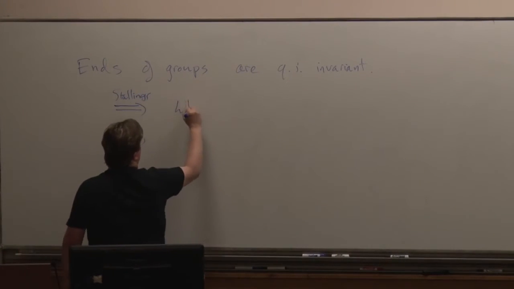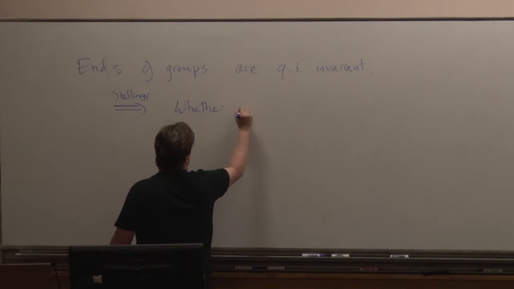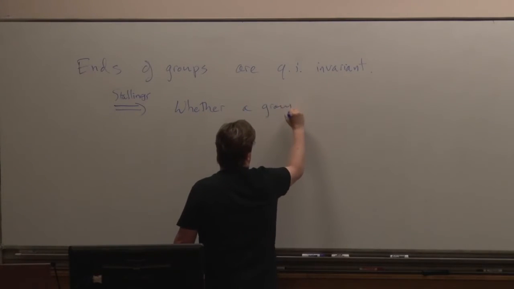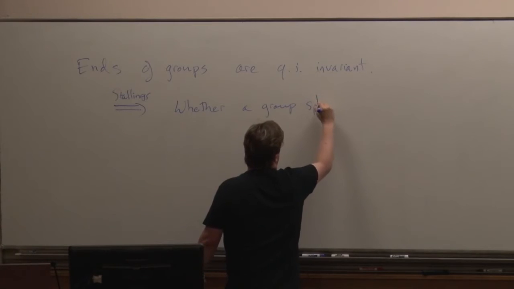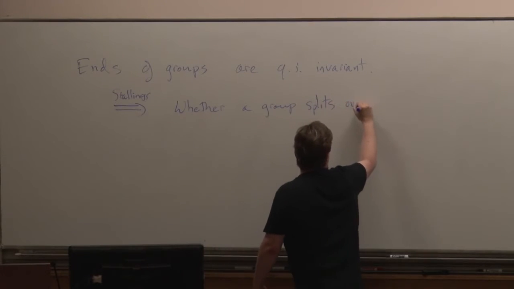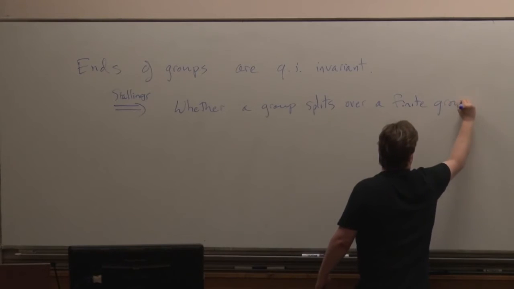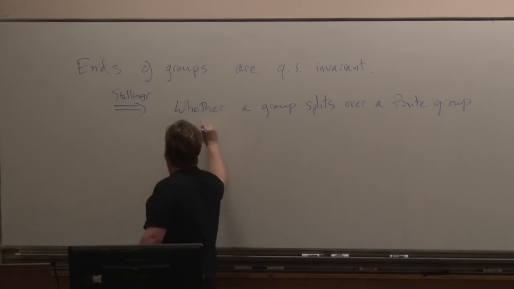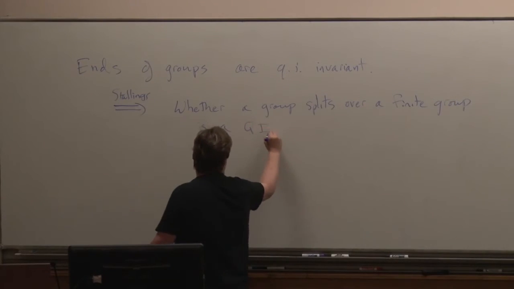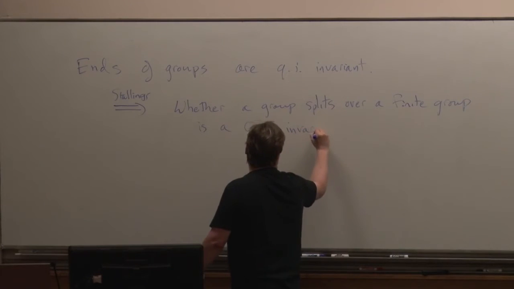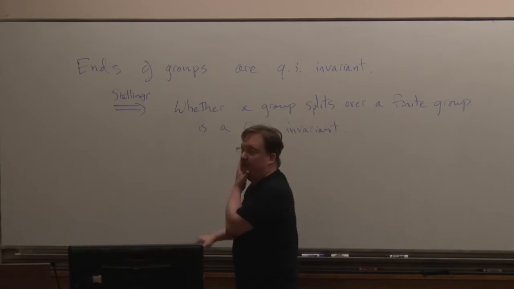Okay? So a consequence of this via Stallings is that whether a group splits over a finite group is a QI invariant.